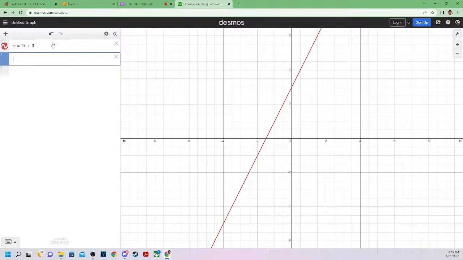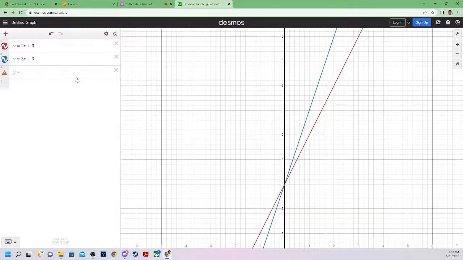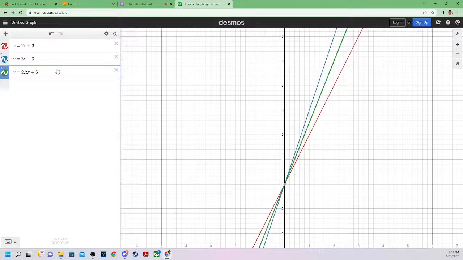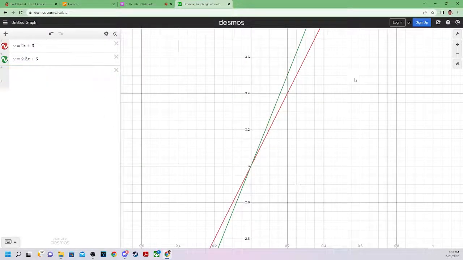That's one equation, one line. What if I instead had y equals, let's do 3x plus 3. Let's do y equals, zoom in now, 2.5x plus 3. And then, actually delete this one. Oh. Zoom in.